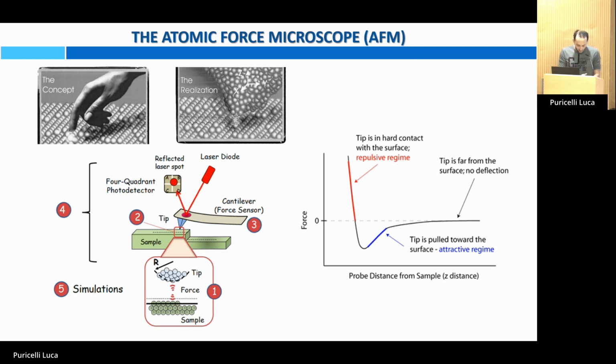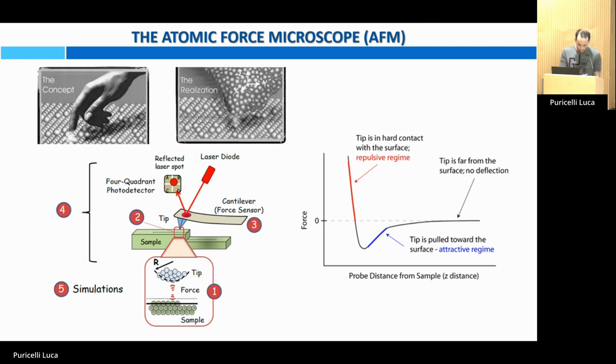On one side, this lets us follow the topography of the sample on very small scales, but also, and it's very important, we can directly measure the force acting between the tip and the sample. These force curves, like this example you see on the right, hide very important information that can be combined with topography.